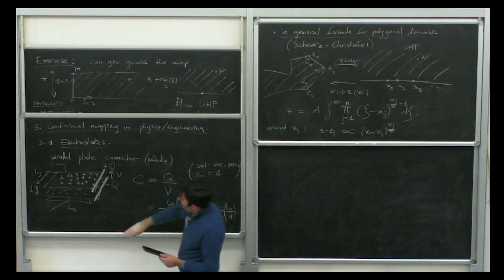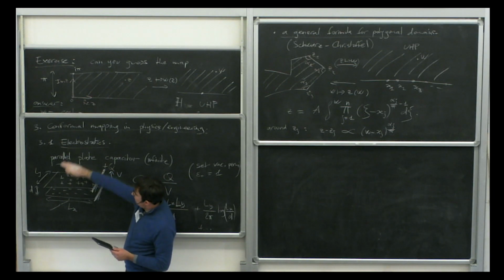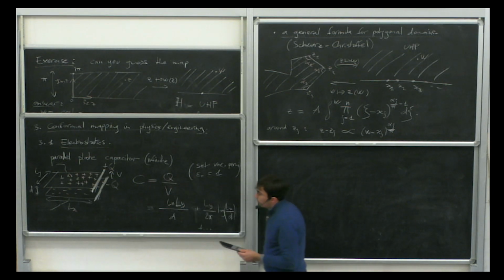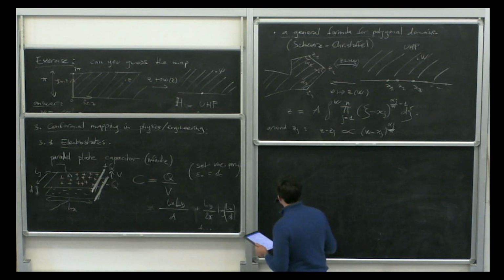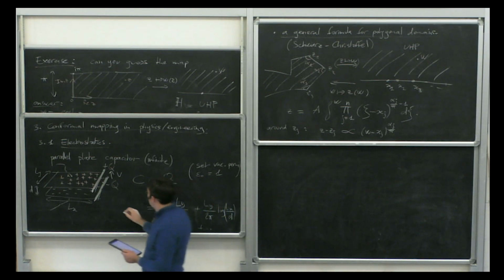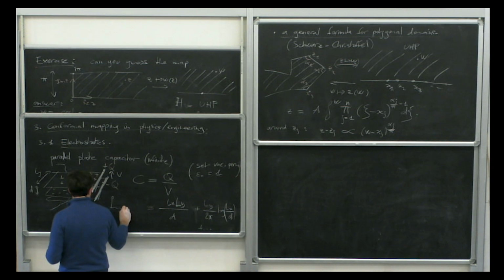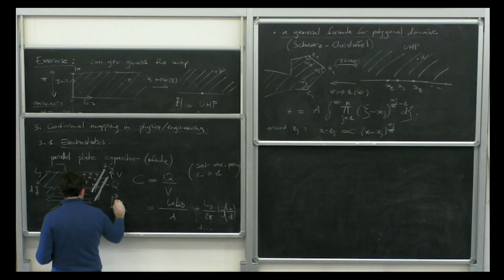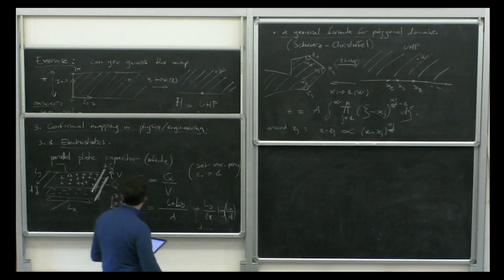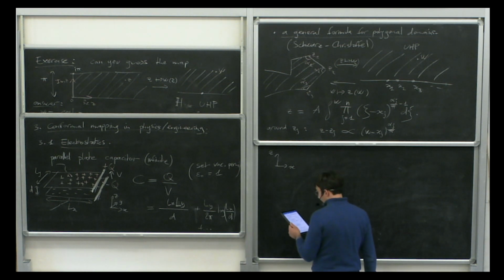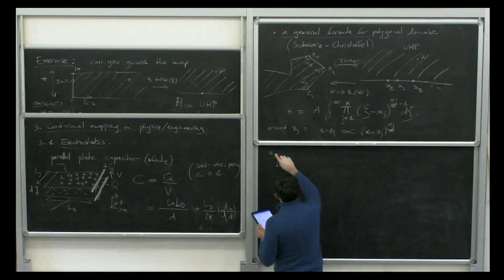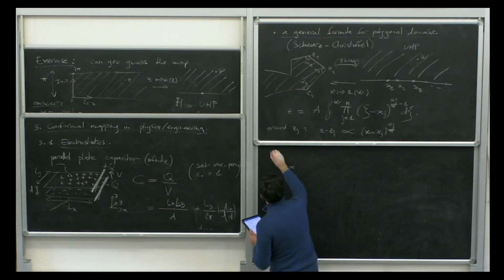Since everything's translation invariant along the y direction here, we can forget the y direction and turn this into a two-dimensional problem. If we have a frame x, y, z, then we want to draw the projection in the xz plane. No, sorry, xy.